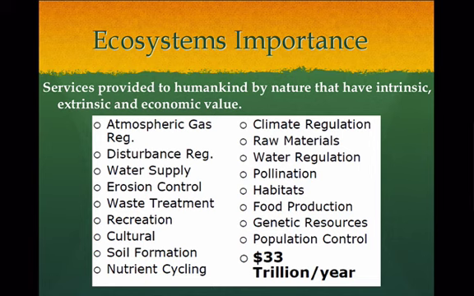So ecosystem services that are provided to humankind can include such things as water supply. So we utilize the ground to filter our water and make it drinkable. We don't need to treat all the water that hits the Earth's surface because ecosystems and Mother Nature supplies this service for us, as well as soil formation.